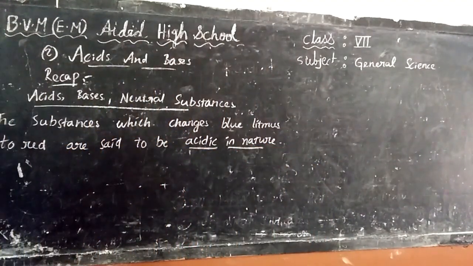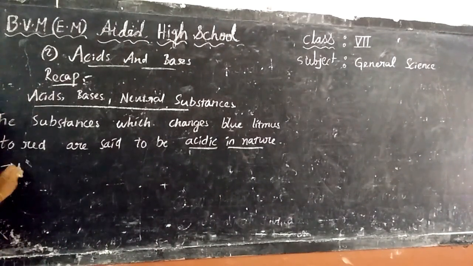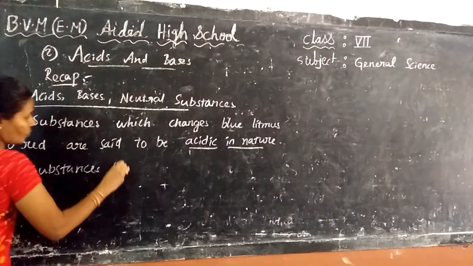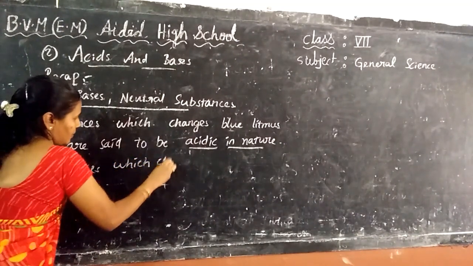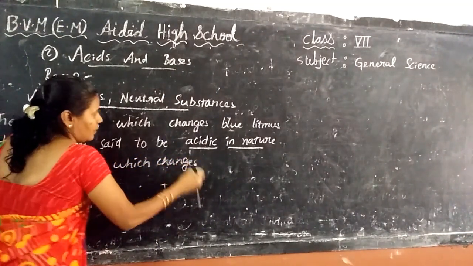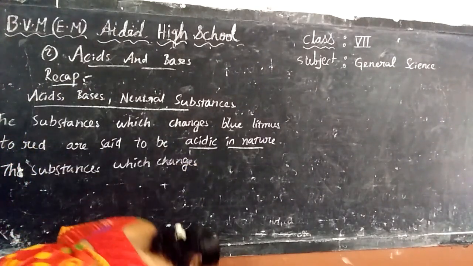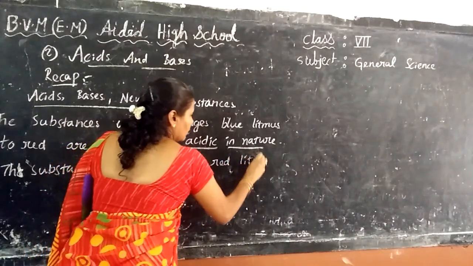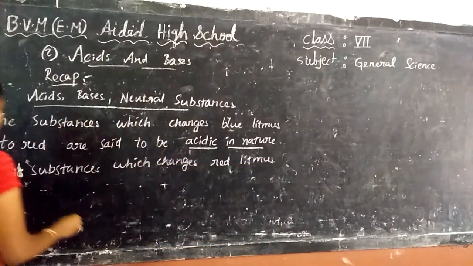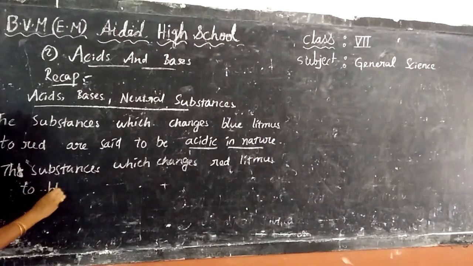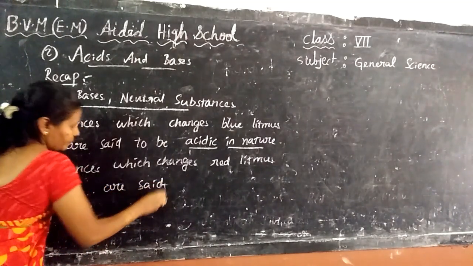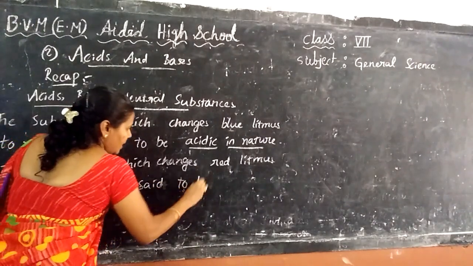And the second one is the substances which change red litmus to blue litmus, which are said to be basic in nature.